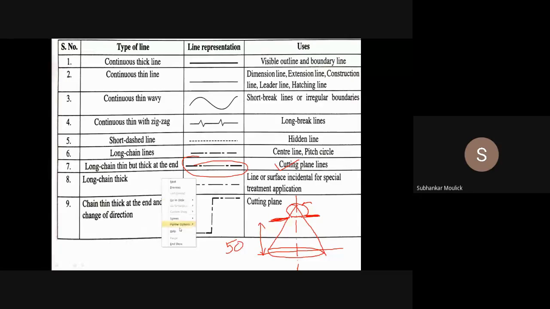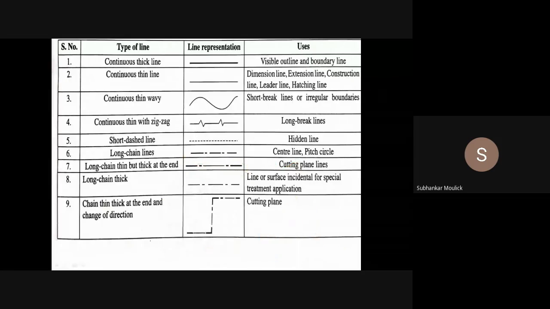Okay. Next, I told you that the lines left are the leader line and hatching line. What is a leader line? A leader line is used to represent the dimension of a circle. How?